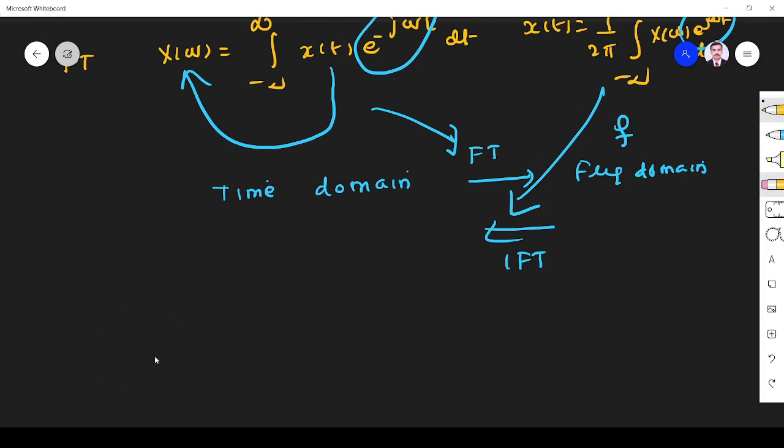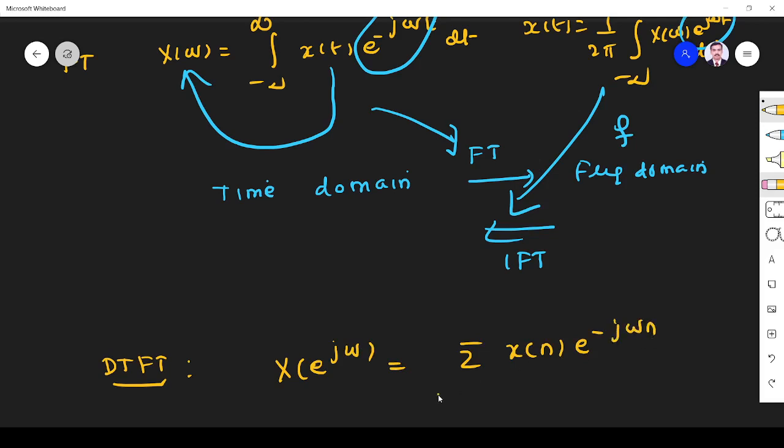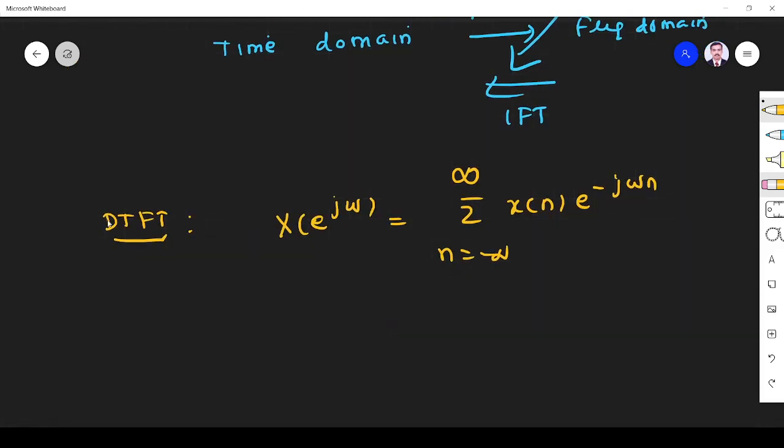Sorry, discrete time Fourier transform. As the name itself tells, it converts a discrete time domain signal into a frequency domain signal. The sum is over n from minus infinity to plus infinity, right?